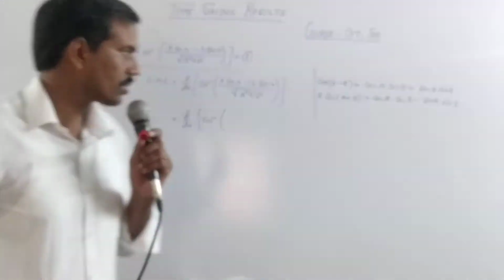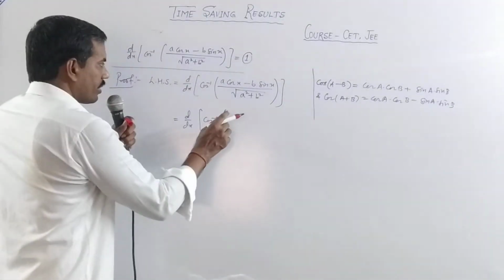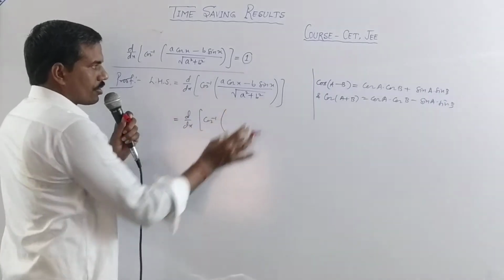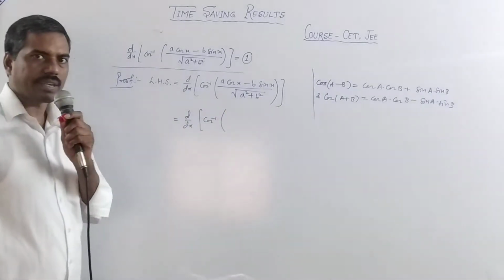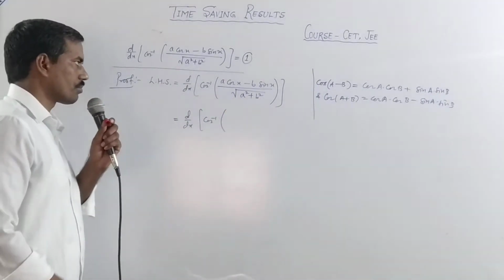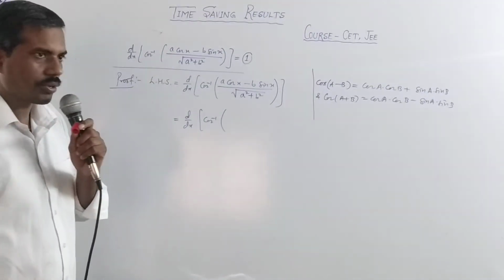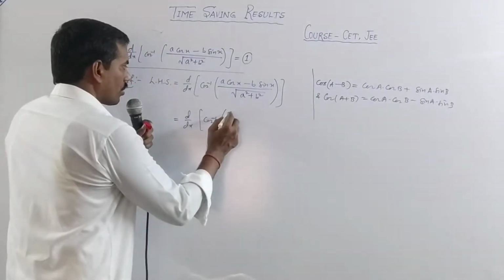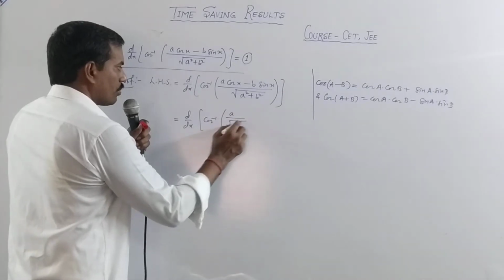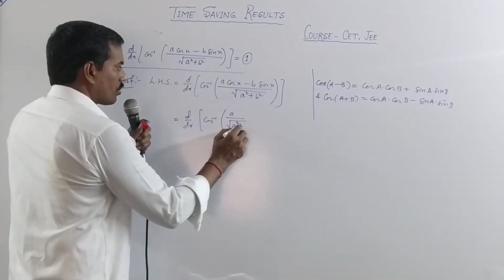Students, we distribute the under root a square plus b square, which is the LCM of both terms present in the numerator, with both terms.